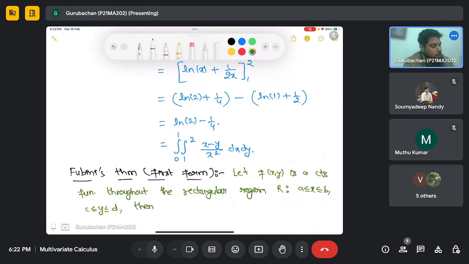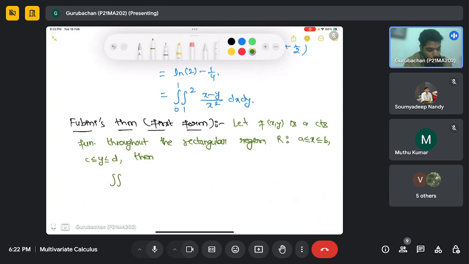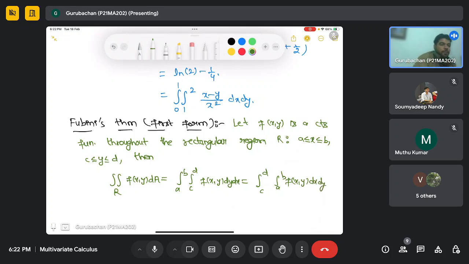Then it will guarantee you that if you integrate this function, it will be nothing but the integral from a to b, c to d, f(x, y) dy dx, which is the same as c to d, a to b, f(x, y) dx dy. So it is saying if your function is continuous over the rectangle, that rectangle means you can say this is the region of the rectangle.